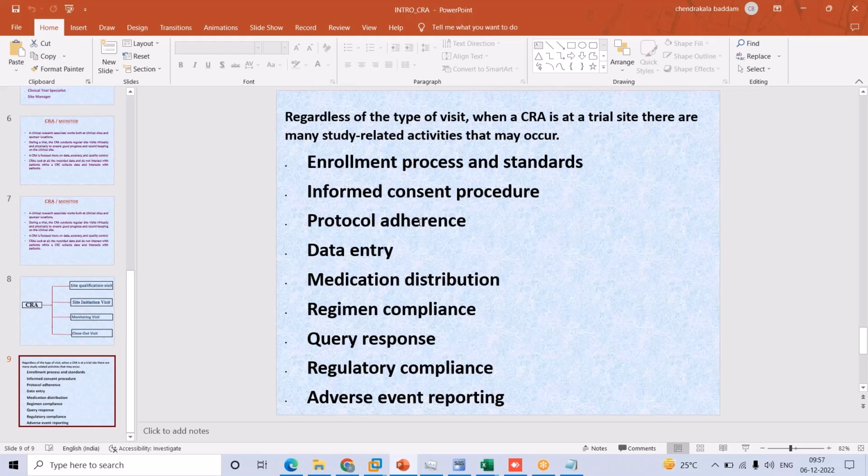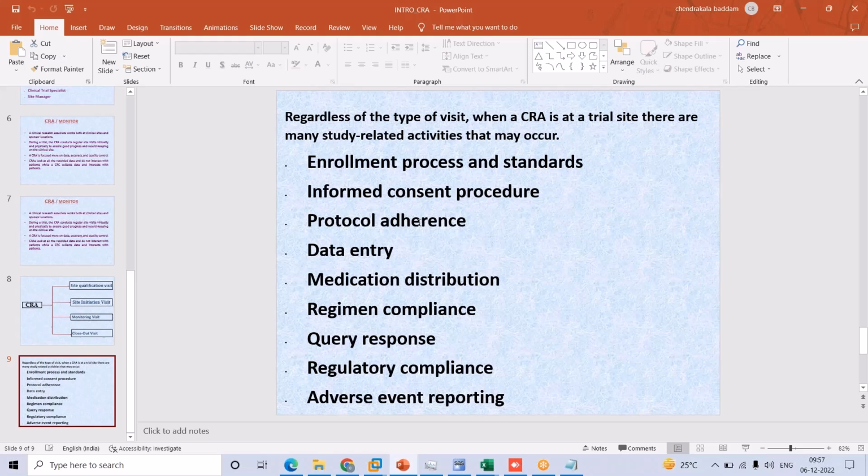Protocol adherence: are there any deviations from the protocol? If yes, those deviations should be recorded on the CRF. That should be reviewed by the CRA.